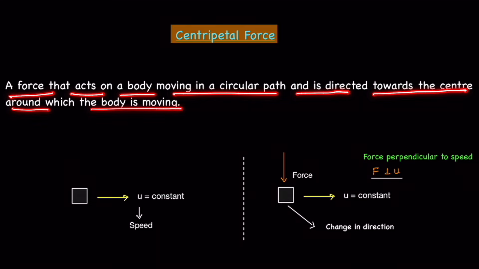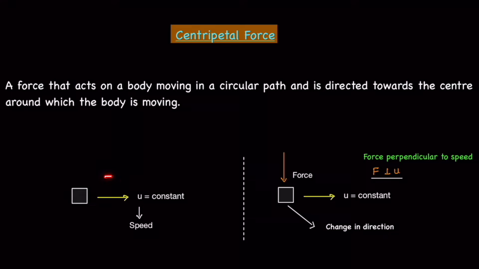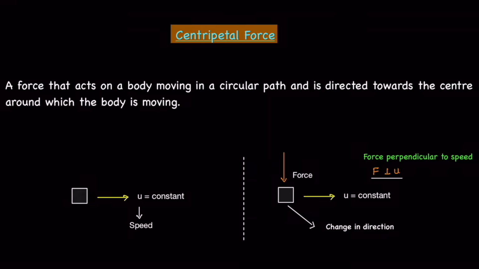Let's take an example for understanding centripetal force. Here we took a body moving with a constant speed U. When there is no force acting on a body moving with constant speed, the body will move straight without change in direction.